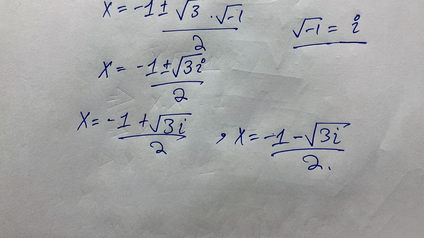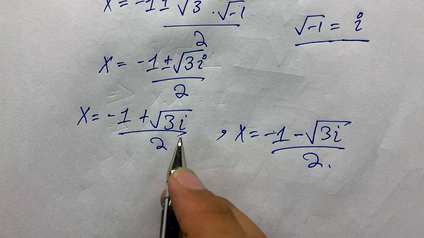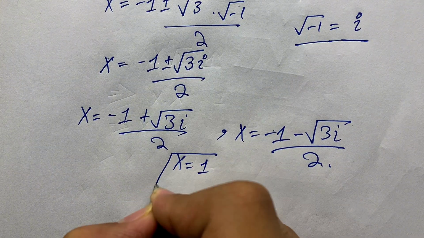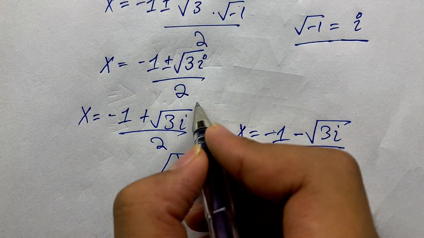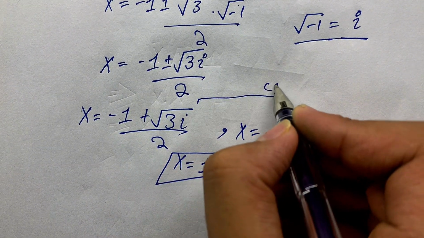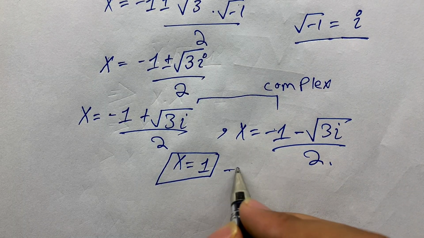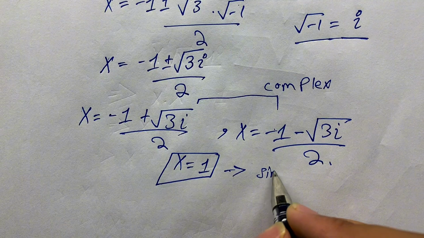Now these two are our values of x, and this x is equal to 1. This is our value of x. These two are our complex solutions. This is our simple solution.